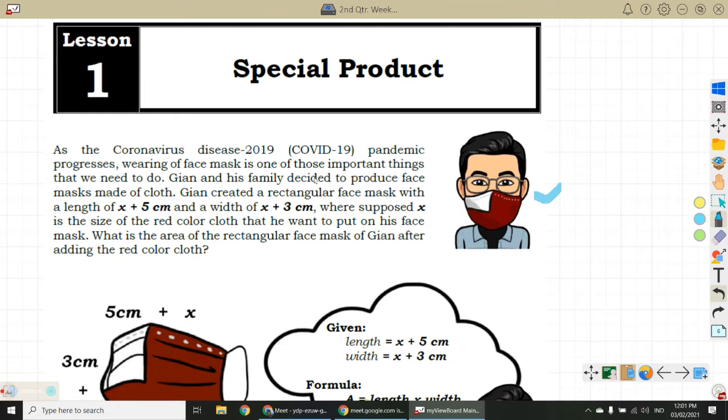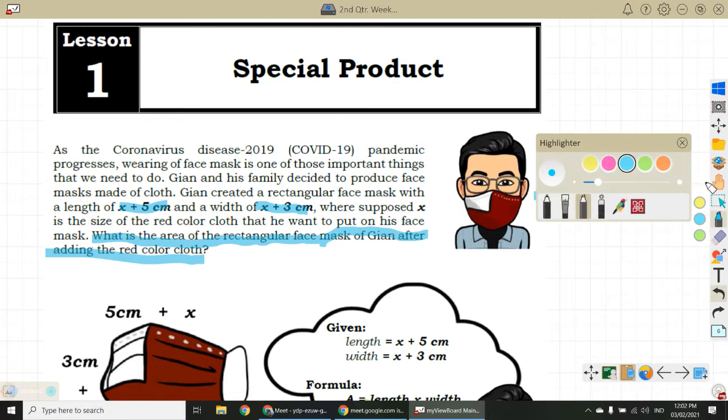Gian and his family decided to produce face mask made of cloth. Gian created the rectangular face mask with a length of x plus 5 centimeters and the width of x plus 3 centimeters. X is the size of the red color cloth that he wanted to put on his face mask. What is the area? Asking for the area of the rectangular face mask of Gian after adding the red cloth.